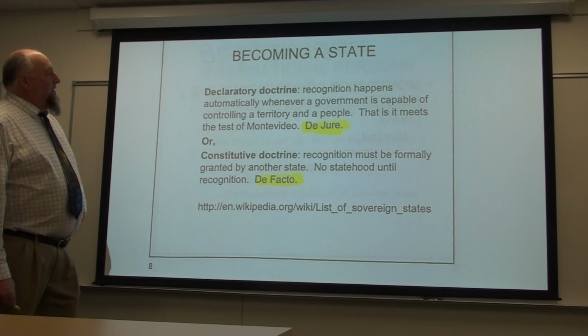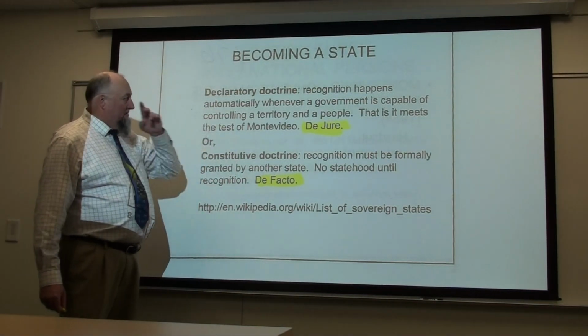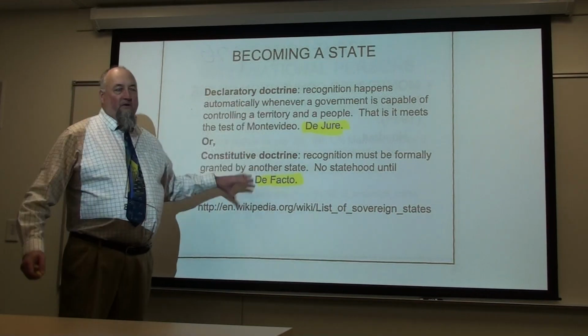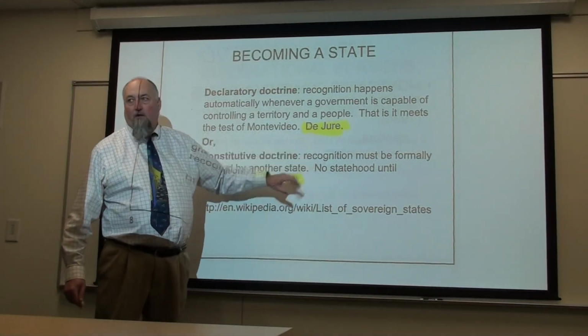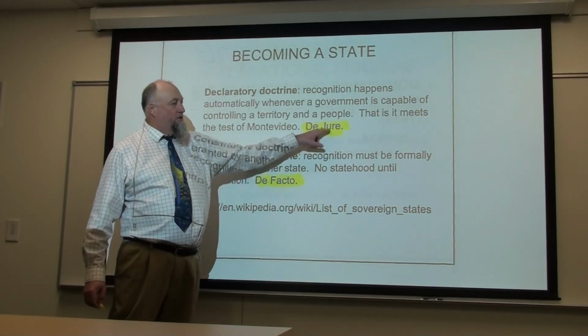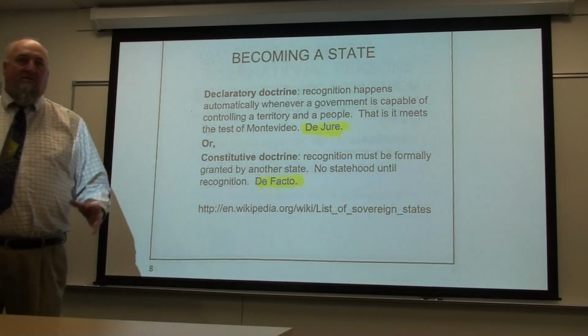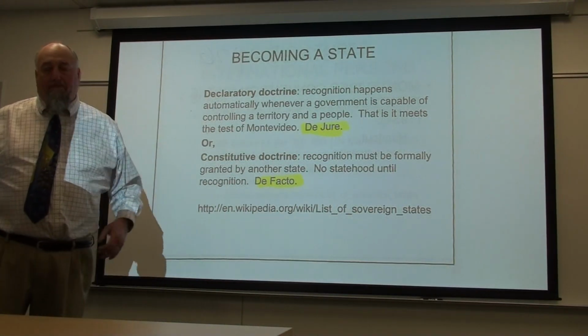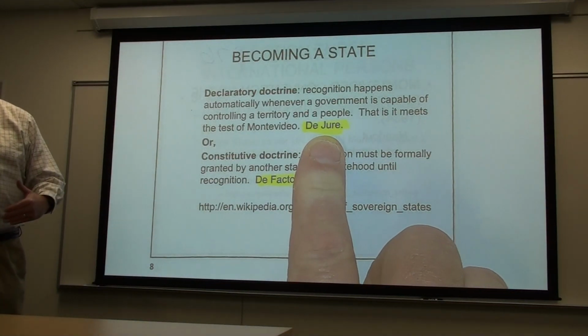All right. So declaratory doctrine and constitutive doctrine, which I don't really care if you know these two terms. I want you to know these phrases here. De jure, de facto. So these two terms are used commonly in law. De jure means of the law.